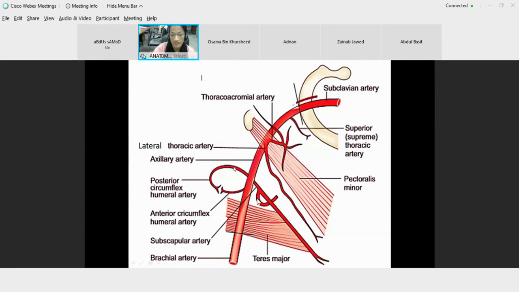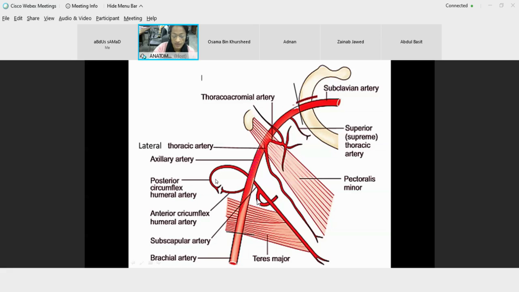From the third part, we have three branches. Subscapular artery. Subscapular artery is the largest branch of axillary artery. It gives one more branch, which is the circumflex scapular artery. Then we also have anterior circumflex humeral artery and posterior circumflex humeral artery.